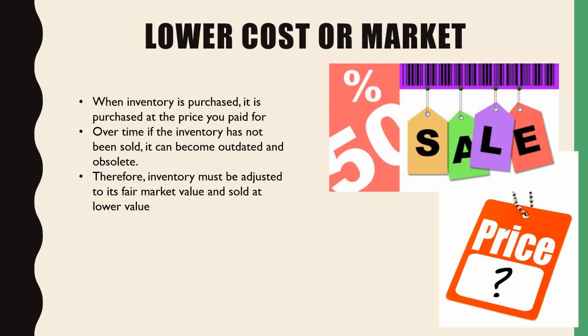They never stay the same over the years. So you have to know that, especially with fragrances. They begin to run out of a specific scent, new packaging. There's always going to be something new. Because of that, our inventory items can potentially lose value, and this is why we have to adjust our inventory by using the lower cost or market.